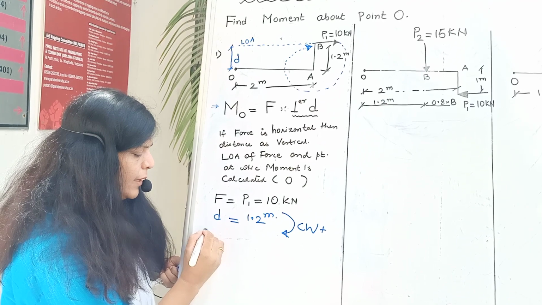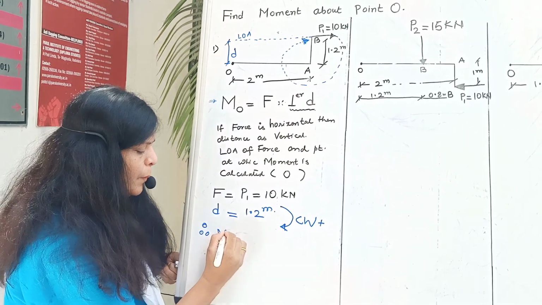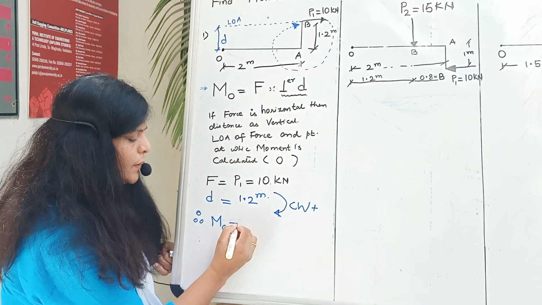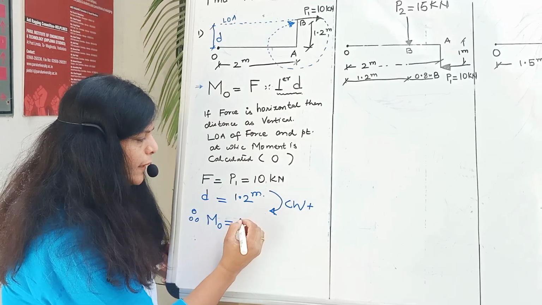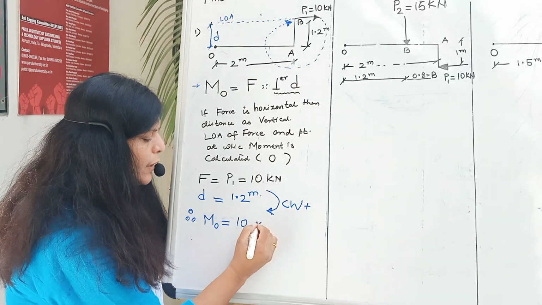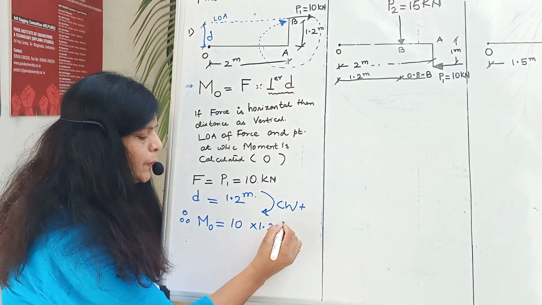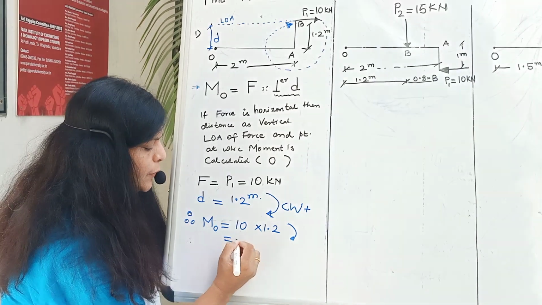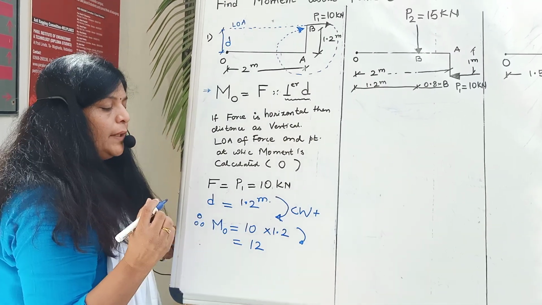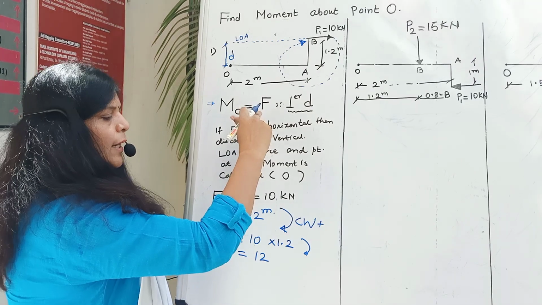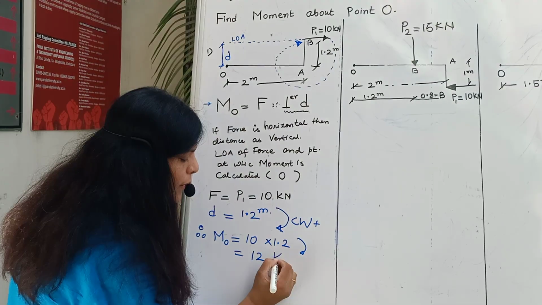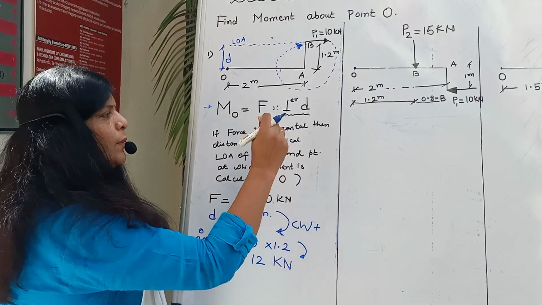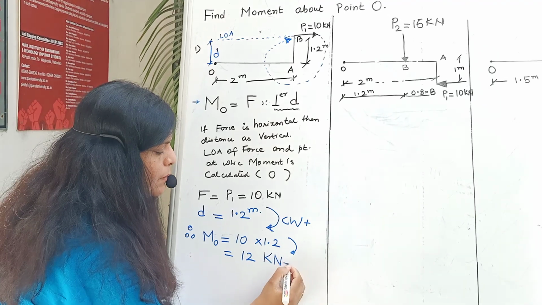Okay? So therefore, moment about point O is equal to 10 into 1.2, and that is equal to 12. What will be the unit of force? Kilonewton. What is the unit of distance? It is meter.